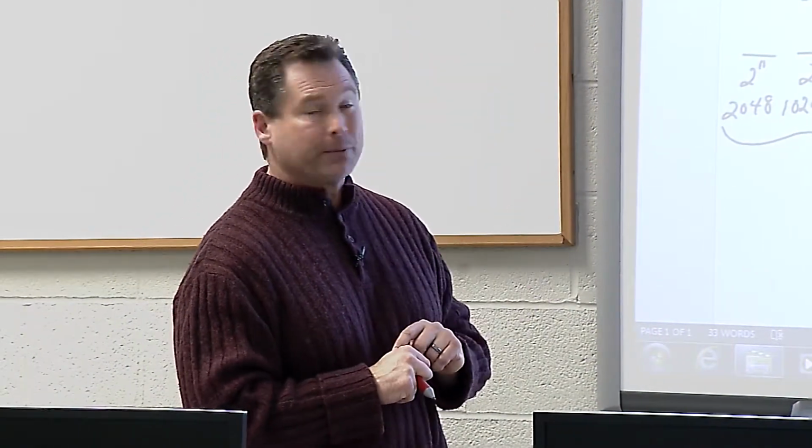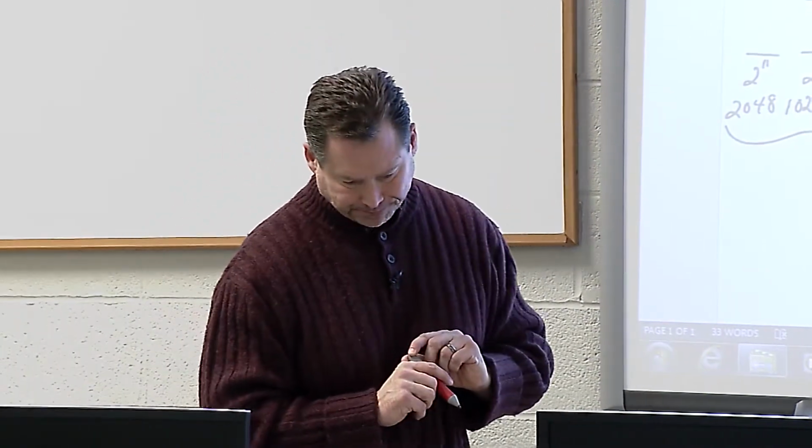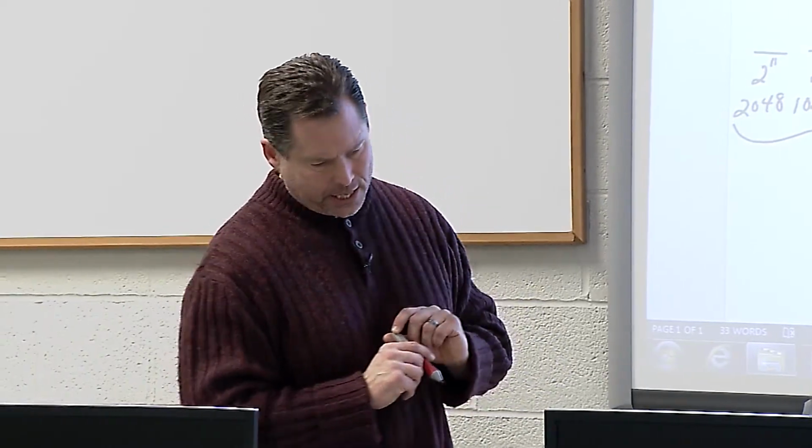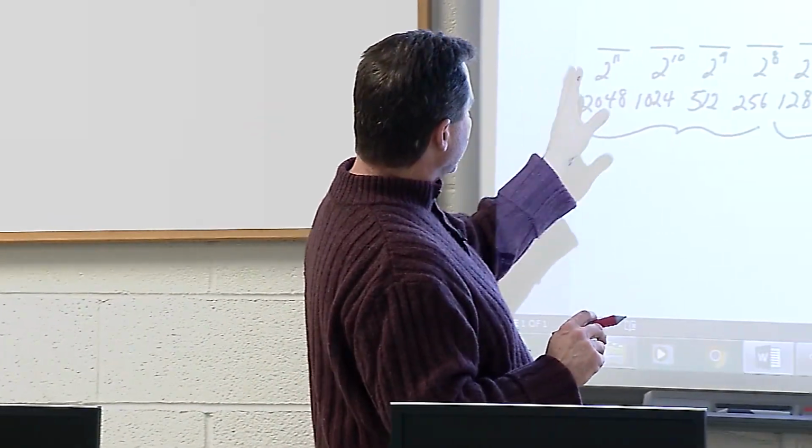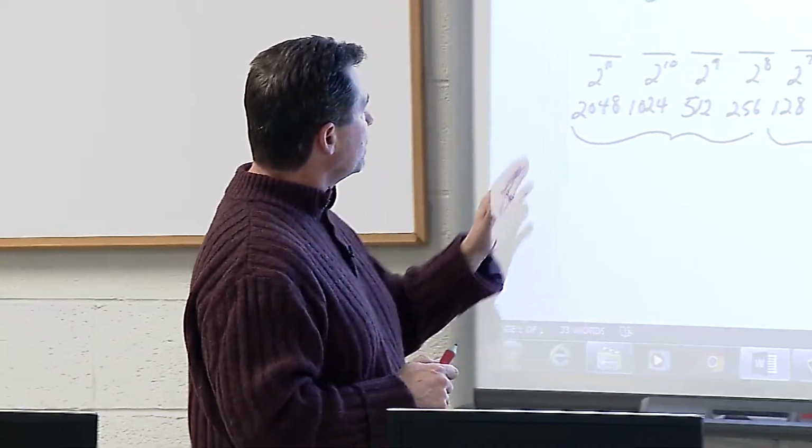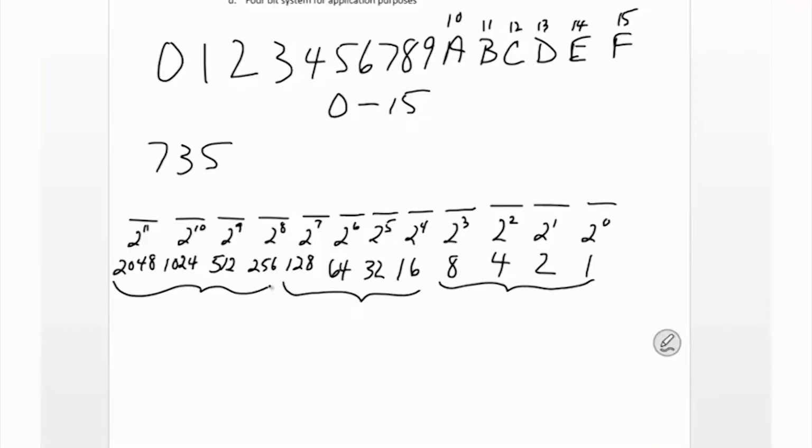We're going to break them up into 4-bit segments. If we look at that value of 735, it is less than 2048, and it's less than 1024. But it's higher than 512. So we can turn these bits off and we can turn that one on.